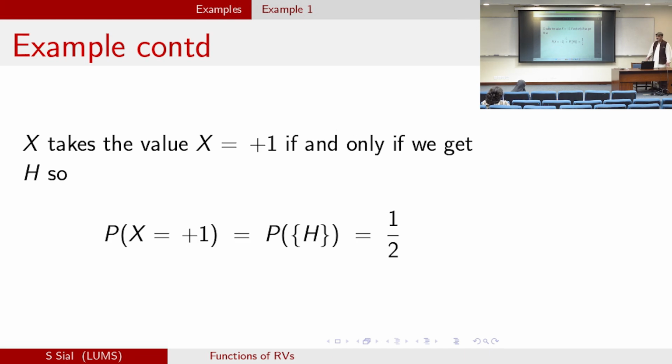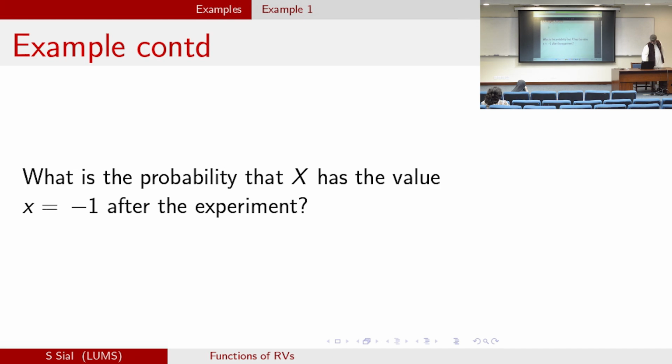Okay, x is going to take the value +1 if and only if we get an H. So the probability that x takes the value +1 is the probability that you got an H. Fair coin, it would be 1/2. Okay.